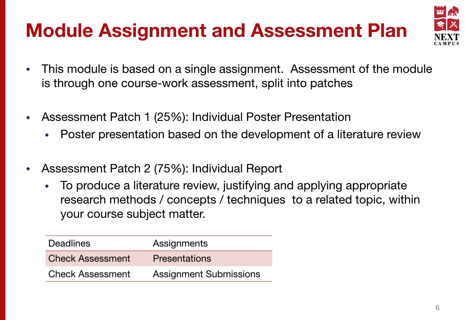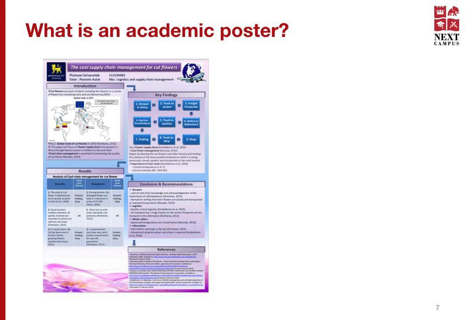Okay, now you have an understanding about how the research methods module will be assessed. But let's look at more details about the two patches. First, we'll start with the academic poster. Now on screen you can see a picture of an academic poster done by a student.